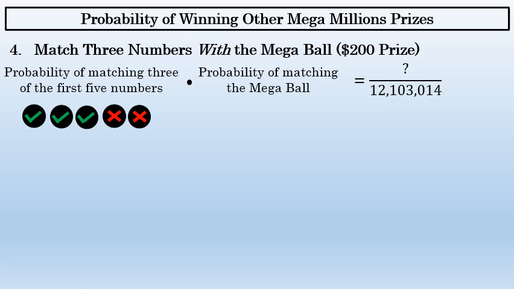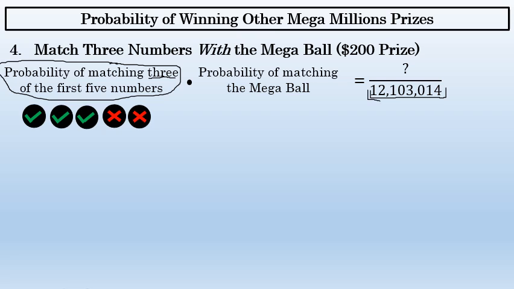When we are determining the probability of matching 3 of the first 5 numbers, we're determining how many combinations there are when drawing the first 5 numbers, how many of those combinations result in matching exactly 3 out of the first 5, out of the 12.1 million ways there are to draw those first 5 numbers.